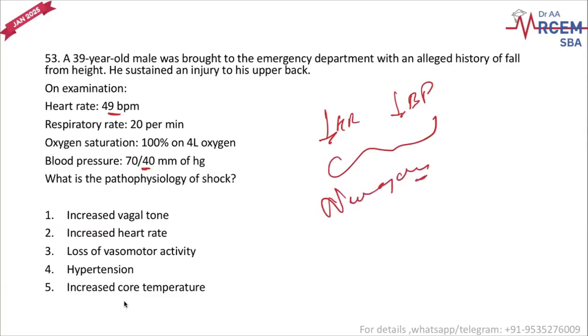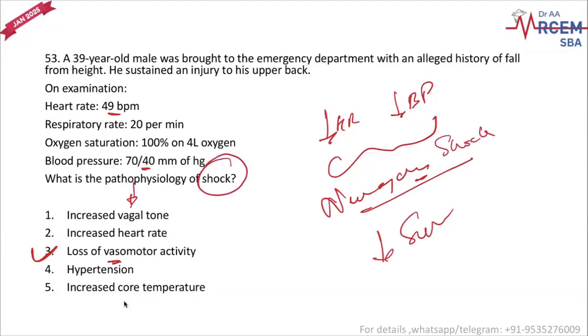In neurogenic shock, there will be low sympathetic tone, which will cause vasodilatation. So loss of vasomotor activity. Can it be increased vagal tone? Yes, increased vagal tone is also seen in neurogenic shock. But they're asking the pathophysiology of shock, that is low blood pressure.